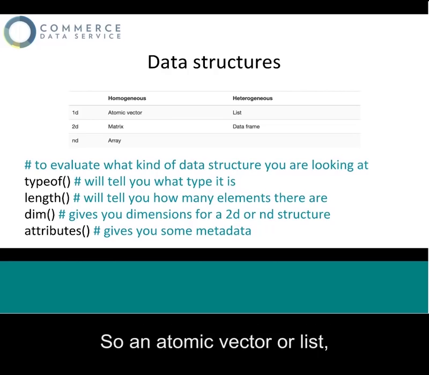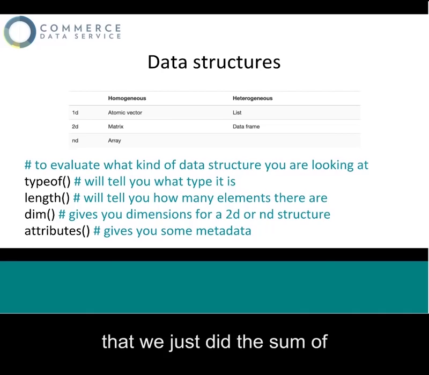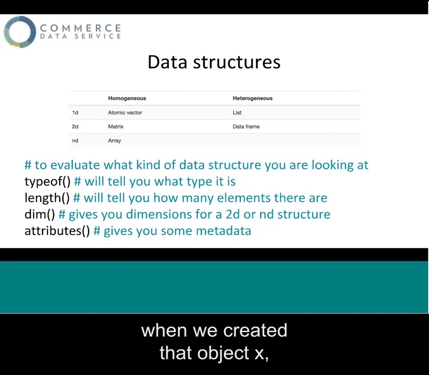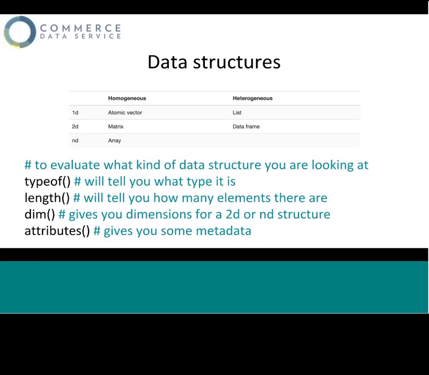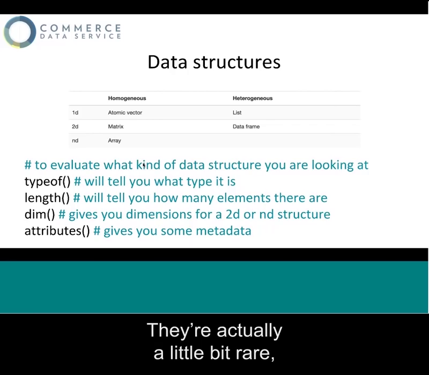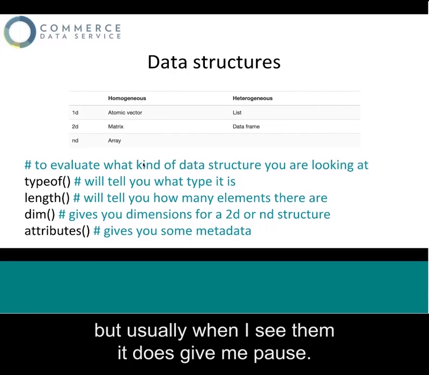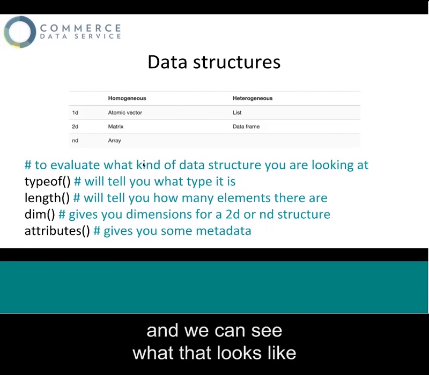So an atomic vector or a list, like the 1 through 10 that we just did when we created that object X, is a one-dimensional data structure. And then we have arrays, which are actually a little bit rare. You use them sometimes in R, but usually when I see them, it gives me pause because they can have multiple dimensions, ultimately. We can see what that looks like as we go forward.